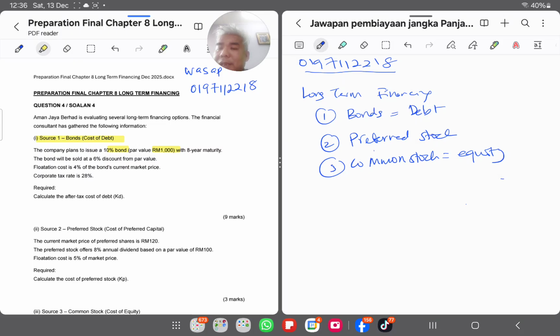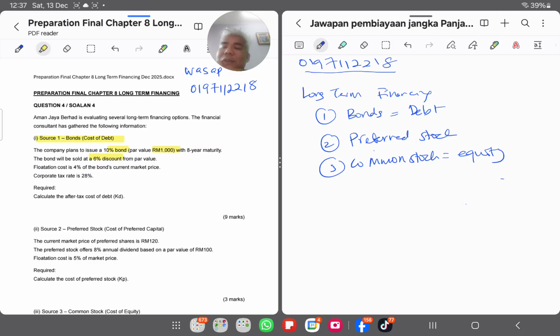The bond will be issued at a 6% discount off the par value. Discount means a reduced price from the par value.